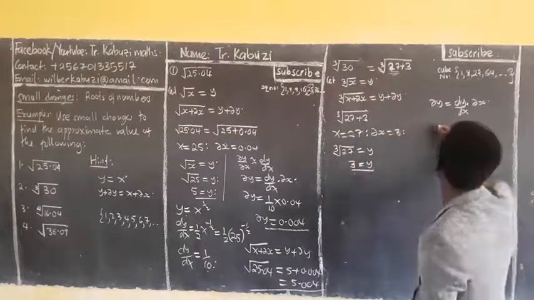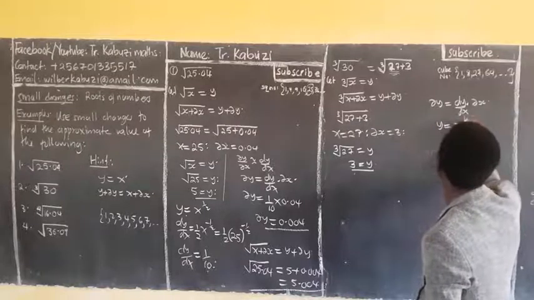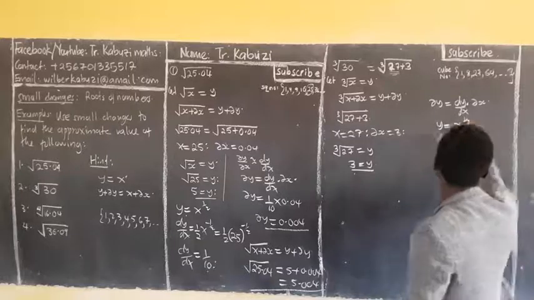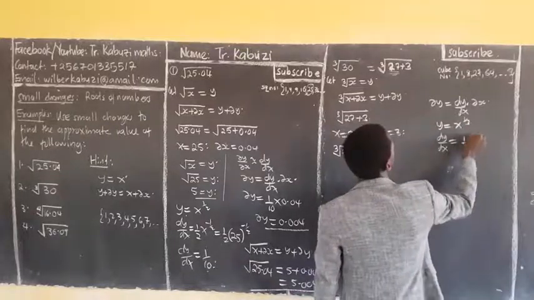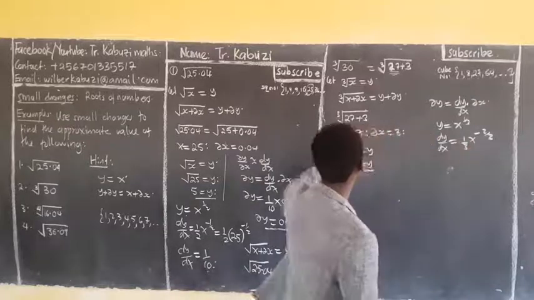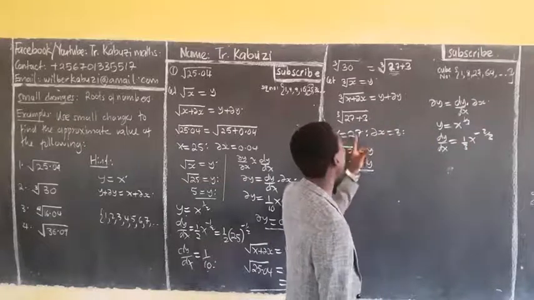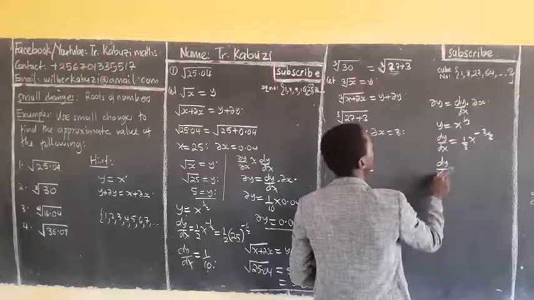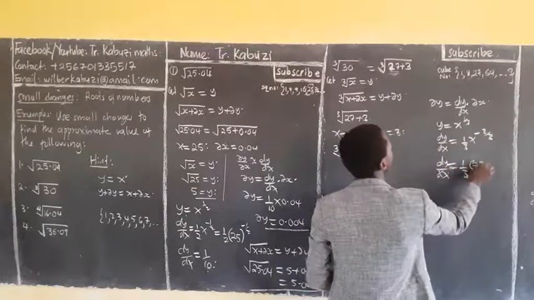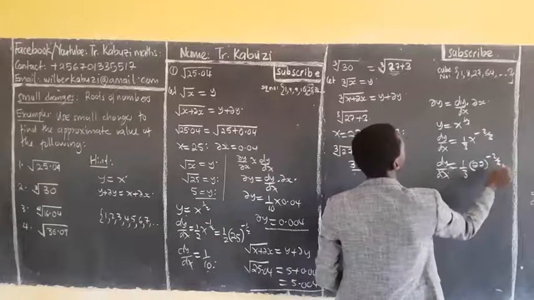From here, my y is equal to x power a third. So my dy/dx will be a third, then x power negative 2 over 3. But I know what x is. From here, my x is 27. So now my dy/dx will be a third times 27 to the power negative 2 over 3.